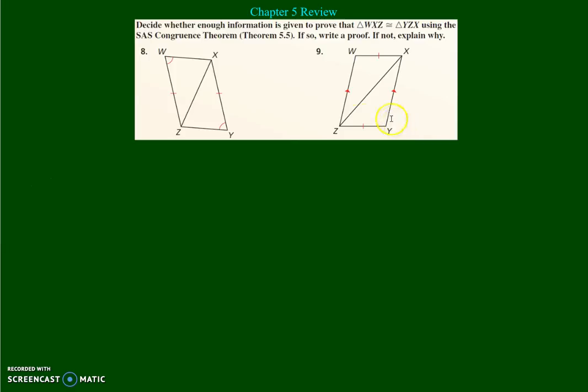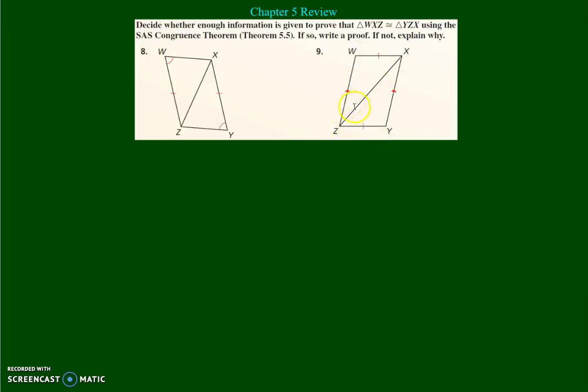In problem 9, we're given that WZ is parallel to XY based on these two parallelism symbols. We also know that ZY is congruent to WX. And so now we need to determine, do we have any angles and any sides? In fact, because of these two parallel lines, we do have some congruent angles and another congruent side.